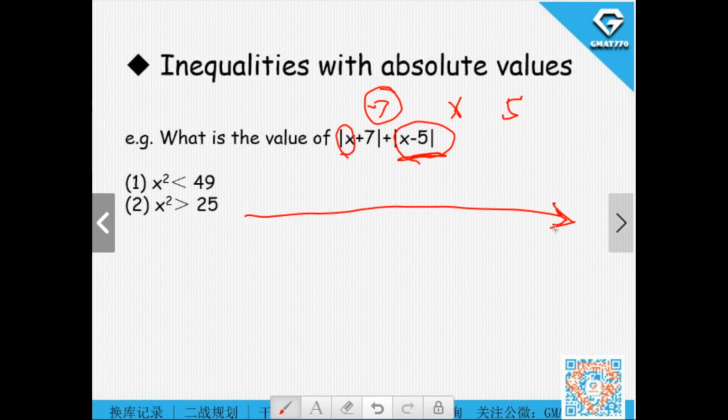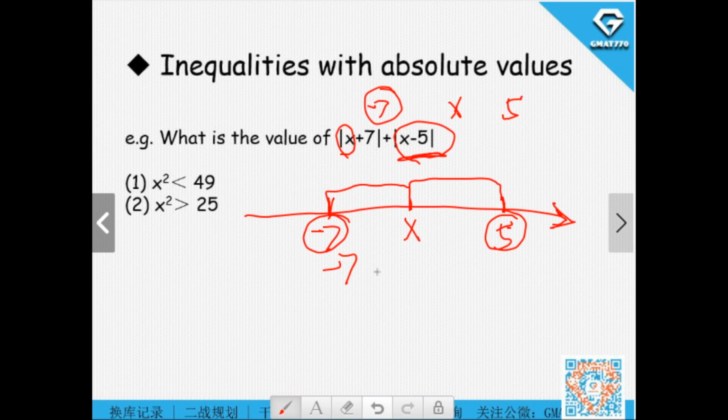So let's draw a number line here. First, we look for point negative 7 and point 5. Where is x? We have to figure it out. If x is between negative 7 and 5, like here, no matter what the value of x is, the distance between x and negative 7 plus the distance from x to 5 will equal the distance between negative 7 and 5.